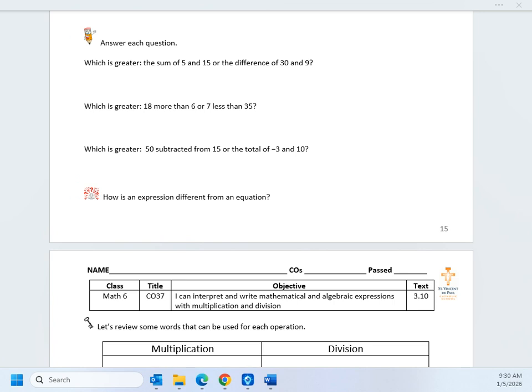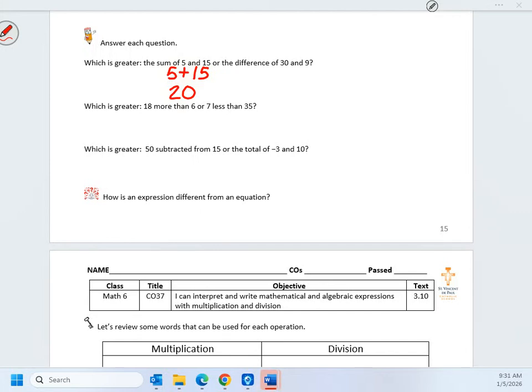So if it says the sum of 5 and 15, what would that expression look like? 5 plus 15. What is 5 plus 15? Presley: 20.